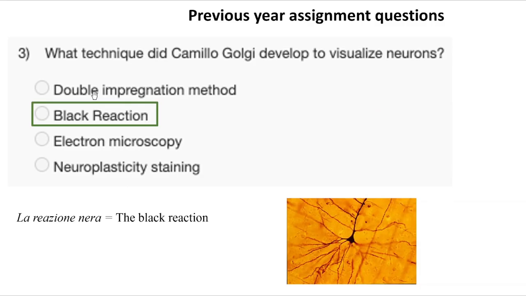It took Cajal a lot of time to optimize and come up with the double impregnation method so that he could visualize the neurons with a great level of detail. It also allowed even the more elusive cells of the nervous system, which were not visualized by Golgi's technique, to be stained by Cajal's improved technique.